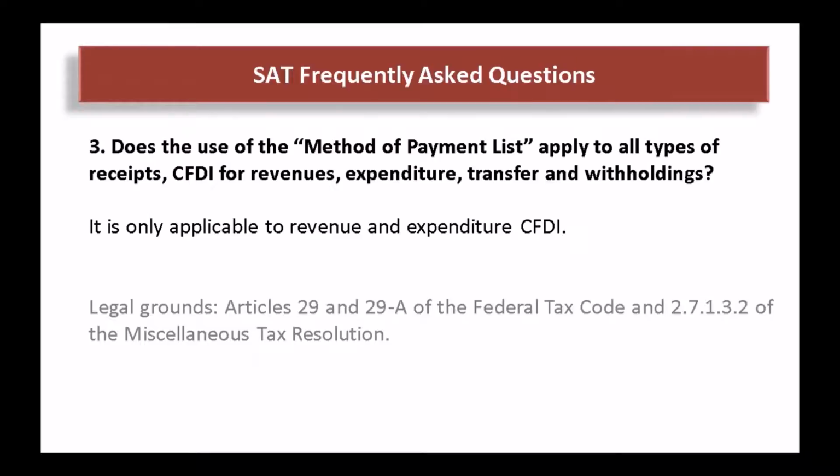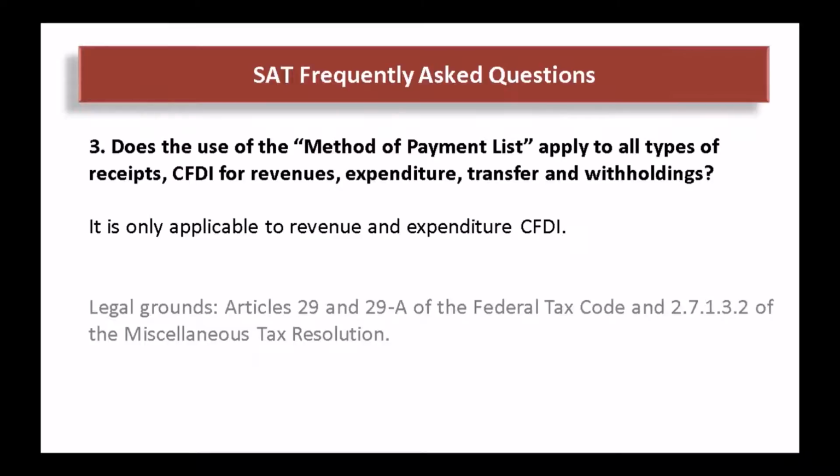So one of the questions is, does the use of the method of payment list or catalog apply to all types of receipts, CFDI for revenues, expenditure, transfer, and withholdings? The answer is that it only is applicable when the CFDI is for revenue or for expenditure.